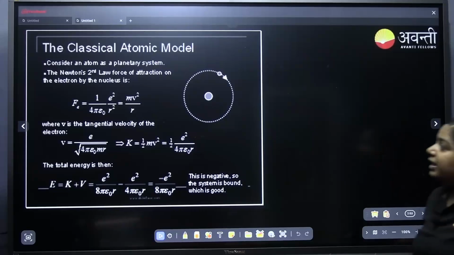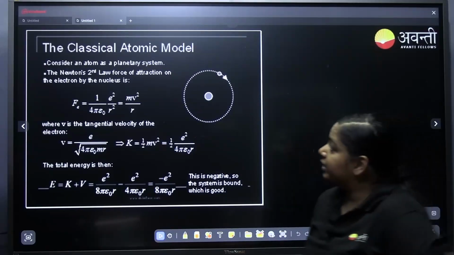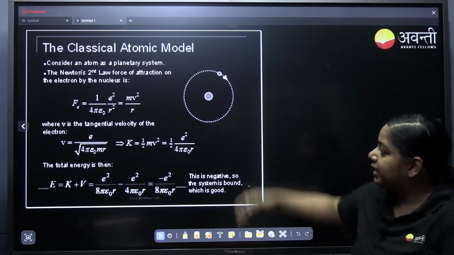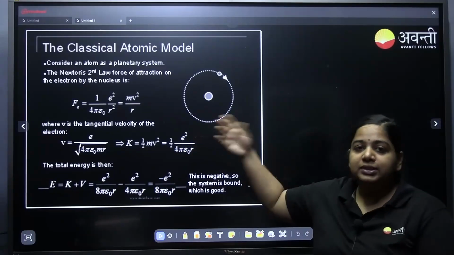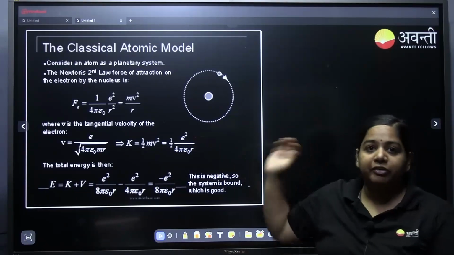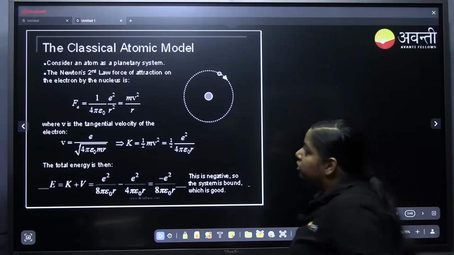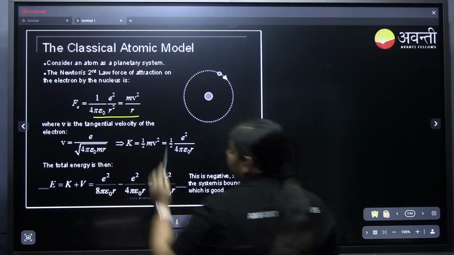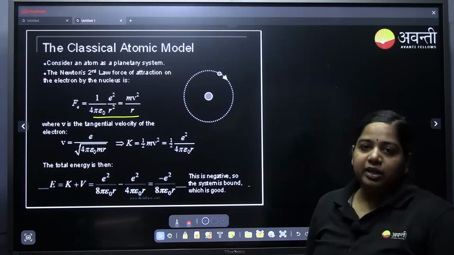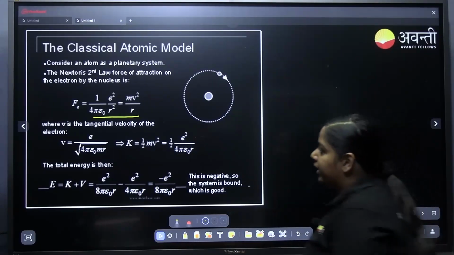Next is the classical atom model. Classical atom means we are basically applying the Rutherford model, and we are applying Newton's laws with it. Okay, so force, this equation we already saw. Electrostatic force is equal to m v square by r.